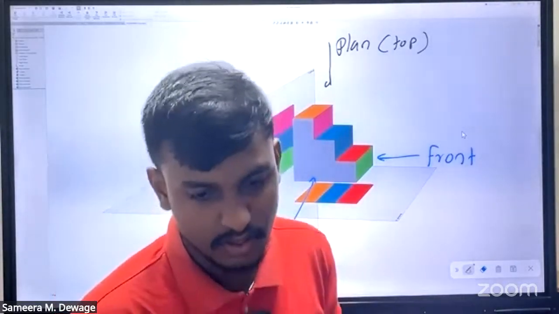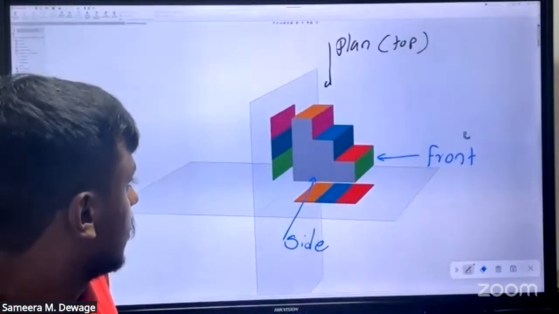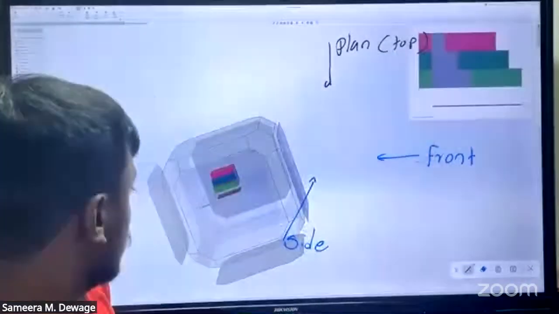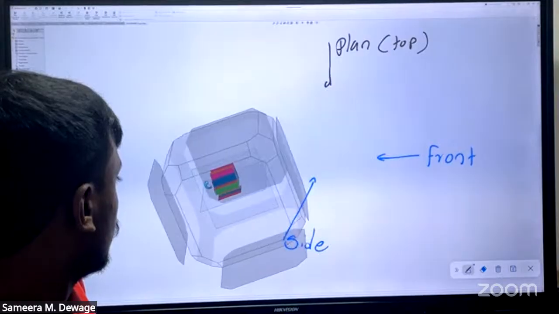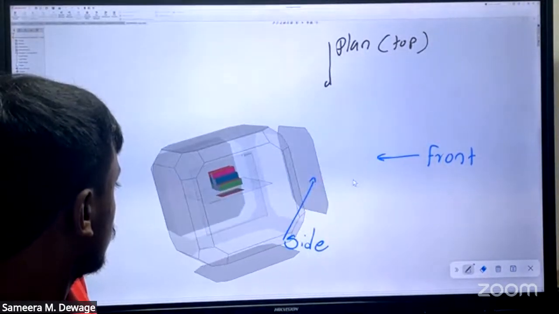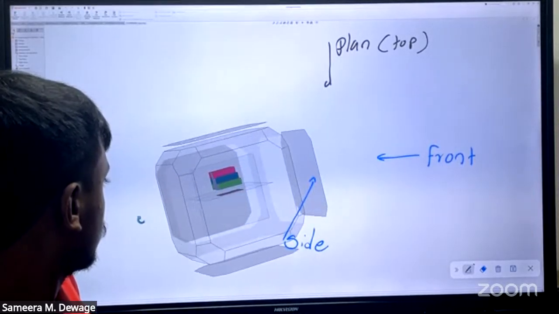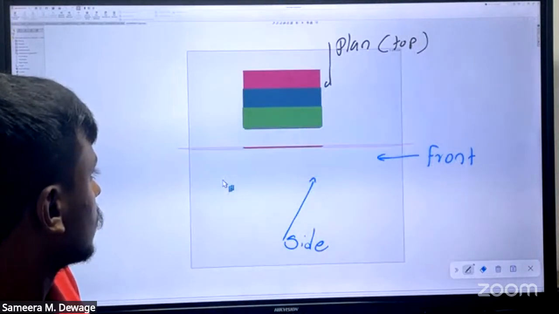Steps, right? See, now we are going to look at the object perpendicularly from the front direction. So this is our front. So what will be the image?